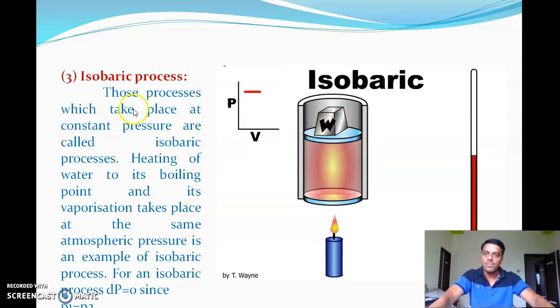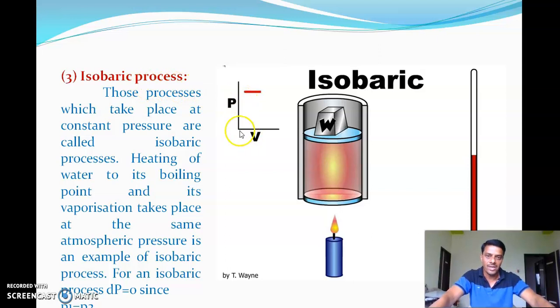Obviously pressure is a characteristic property of gases, that is why the system must be in the gaseous state. The process in which the system's pressure remains unchanged during the process is called isobaric process.